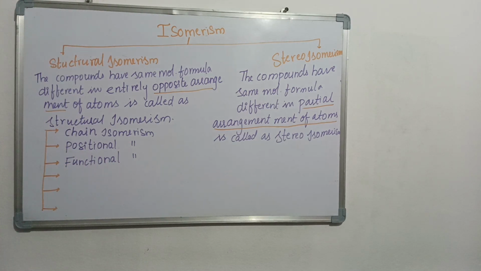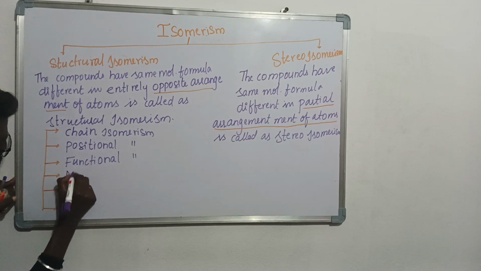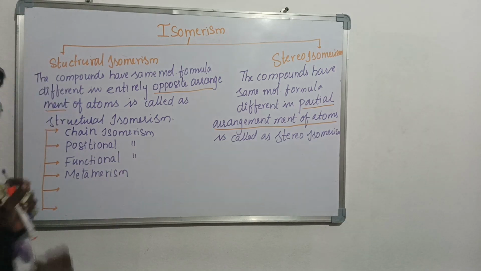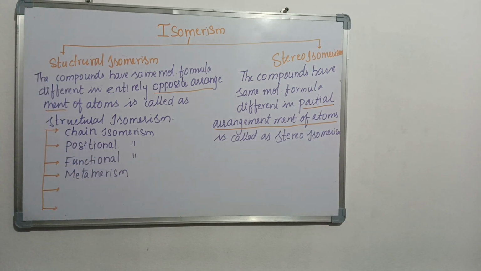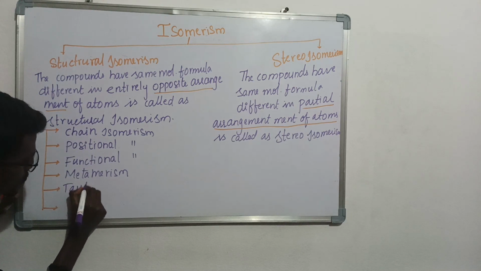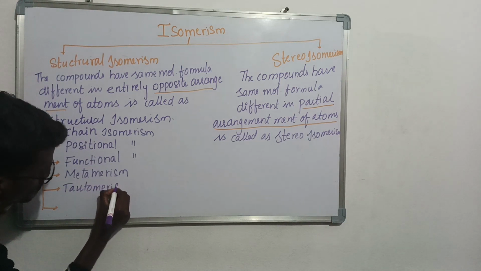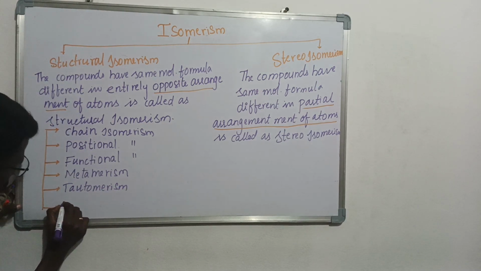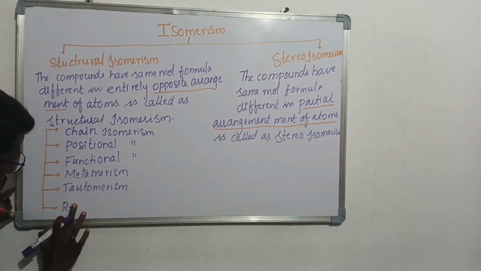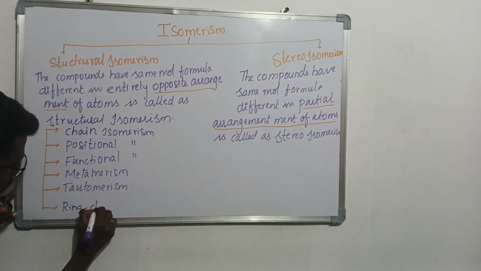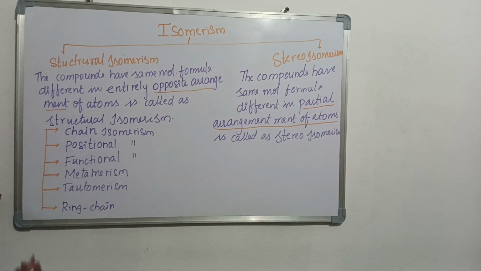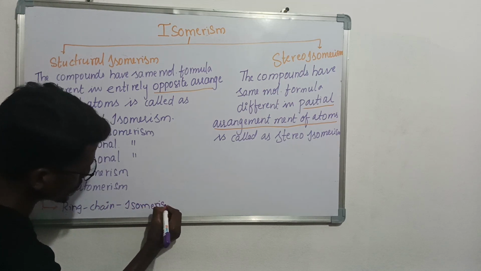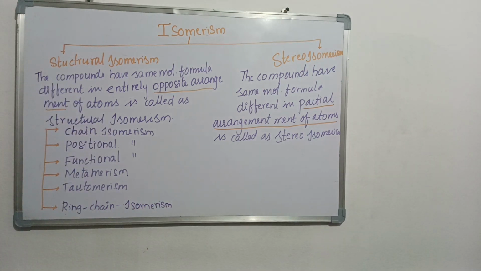Fourth one is metamerism. Next one is tautomerism. Sixth one is ring chain isomerism, or maybe chain ring isomerism.